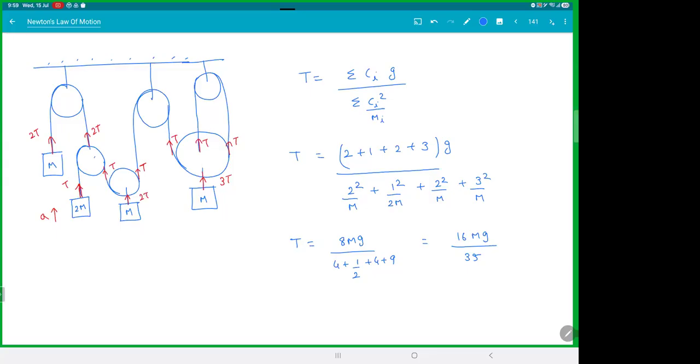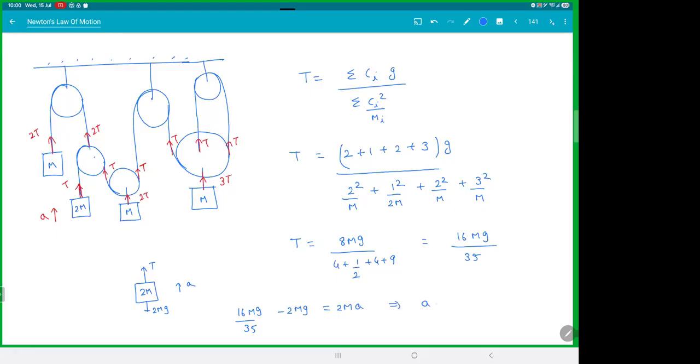Yeah, that's your tension. Once you got the tension, take the block 2m which you want to find. The forces would be tension and 2 mg, and that's your acceleration. Substitute here: 16 mg by 35 minus 2 mg is equal to 2 ma.